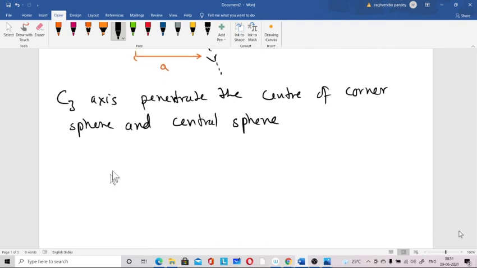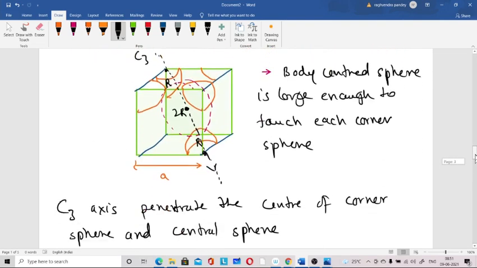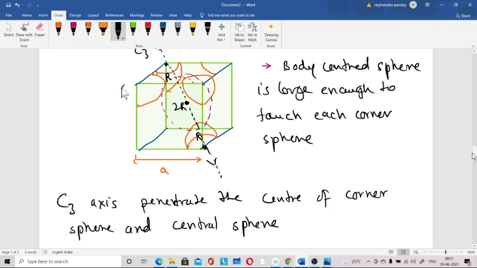So length of C3 axis: how much is the length of the C3 axis if the edge length is A? No, that is your 4R.